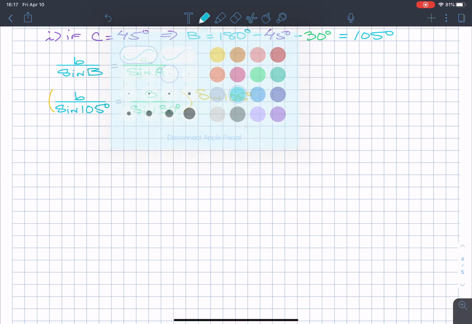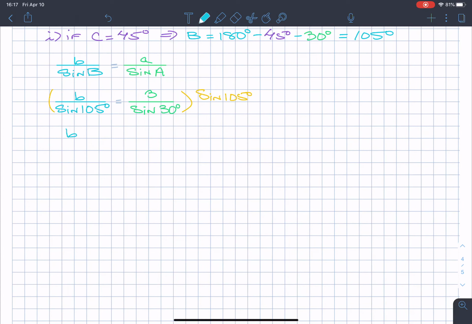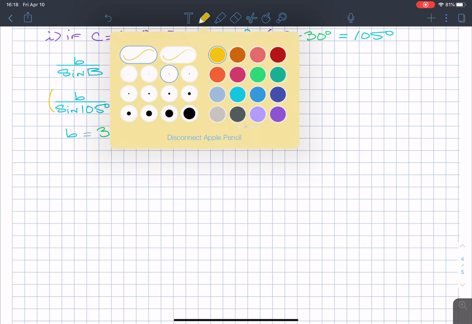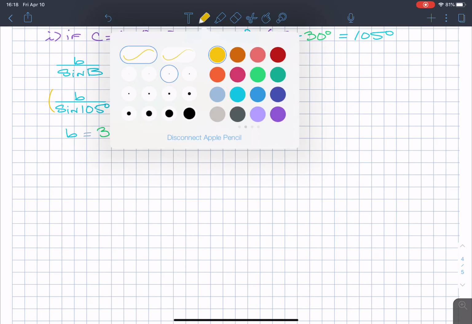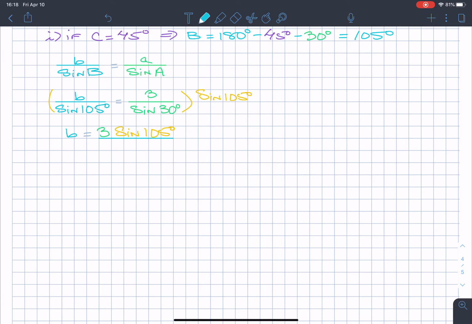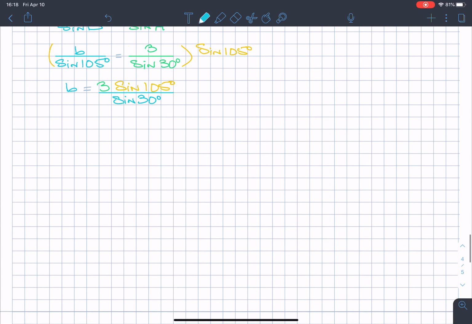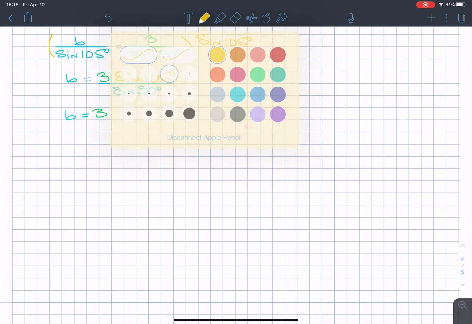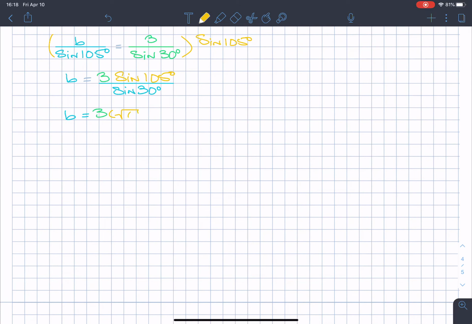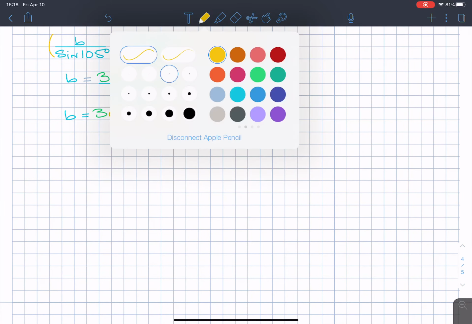So I get that little b is going to be equal to 3 times sine of 105 degrees, all divided by sine of 30 degrees. Little b is equal to 3 times sine of 105, which was the square root of 6 plus the square root of 2, all divided by 4.